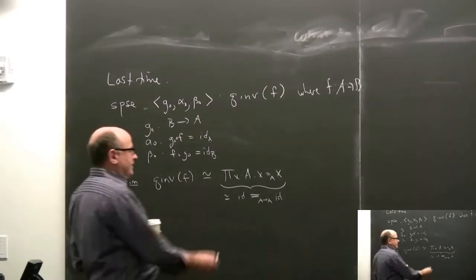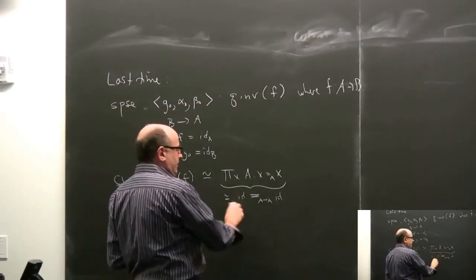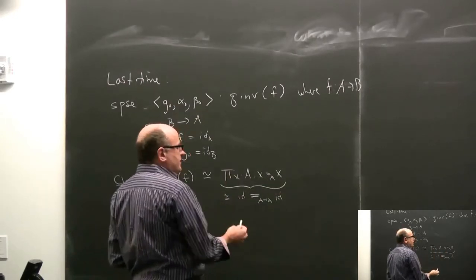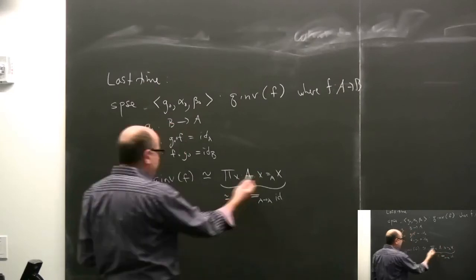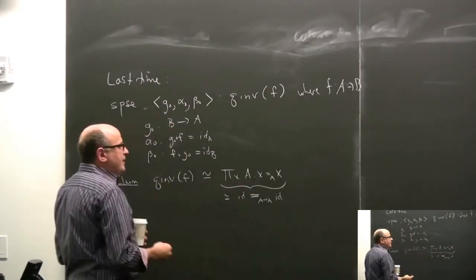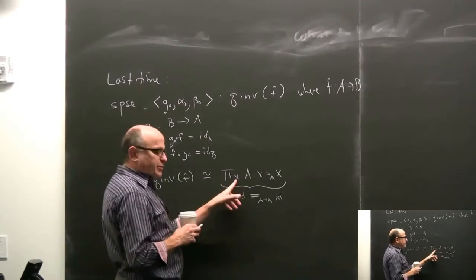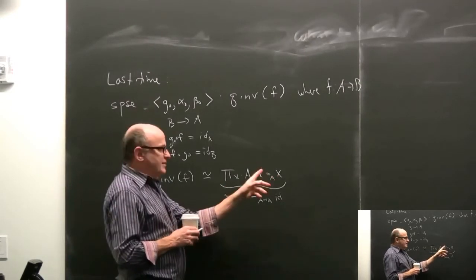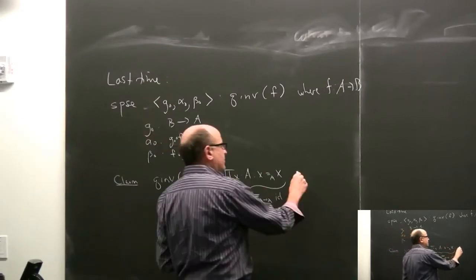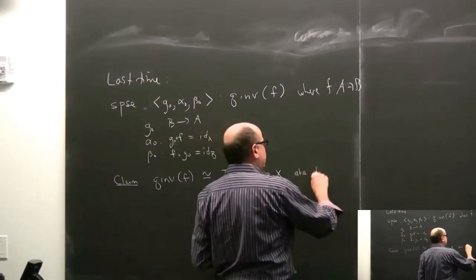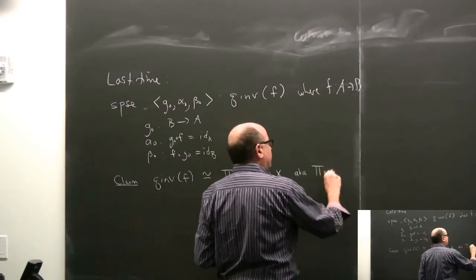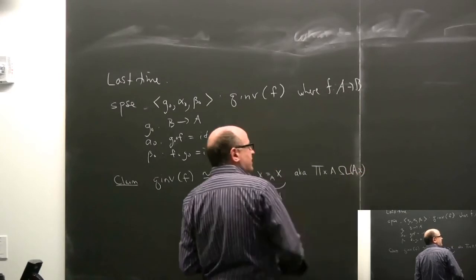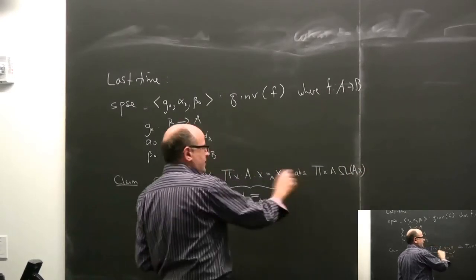The reason this notation is maybe more informative is that the way we're going to exploit this fact in a moment is by exhibiting a space A and a base point x in A whose loop space is non-trivial. This is really the product of the loop space of A based at x. That's just another notation for this.